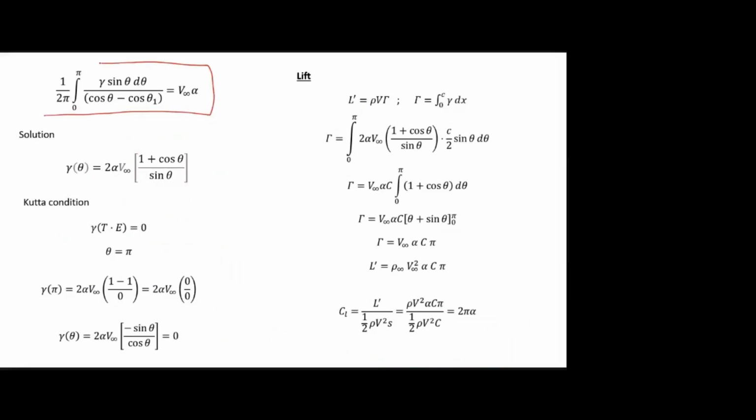So we found the fundamental equation in terms of theta for the symmetrical airfoil, and here I have given the solution straight away. If you solve this, you will get gamma equal to 2 alpha V infinity (1 plus cos theta) by sin theta. These steps are not necessary for the exam. Two books explain them. In Fundamentals of Aerodynamics by Anderson, they don't derive this but verify the result: if you substitute this gamma in the same equation, you get LHS equal to RHS, so the solution is correct.